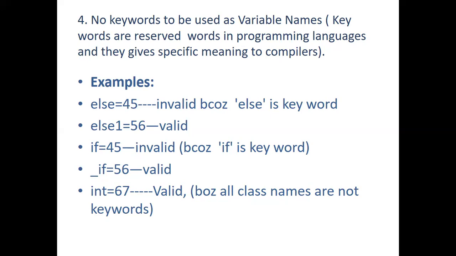But if I write else1, that is acceptable. If is equal to 45, not acceptable. Underscore if is acceptable. Integer is equal to 67 is valid because all class names are not keywords. Clear, students? Now let's go ahead.